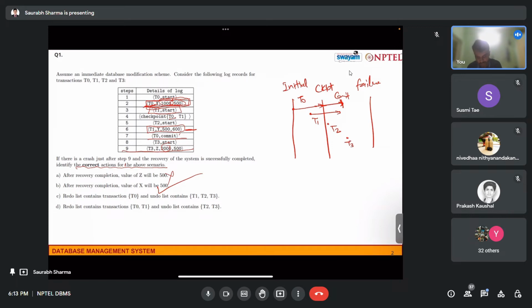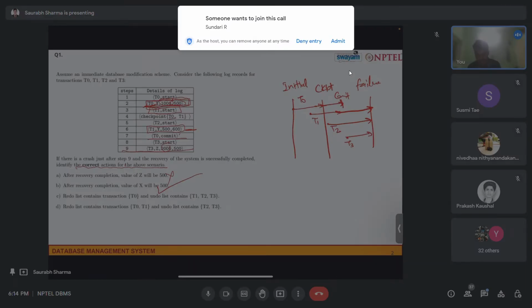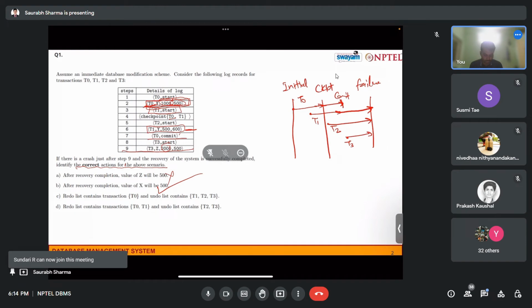T3 got started, and till the end, all these three, T1, T2, and T3, were in the running process, running transactions. So what we can infer is that the processes which were checkpointed were T0 and T1, and we have to see for redo and undo.